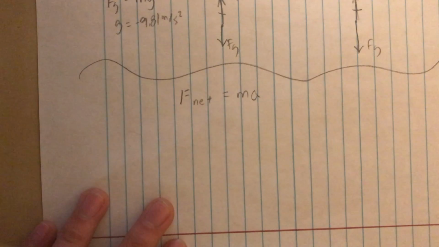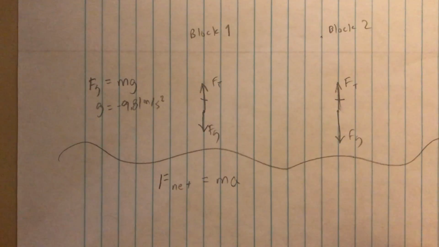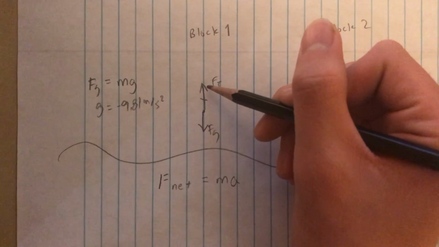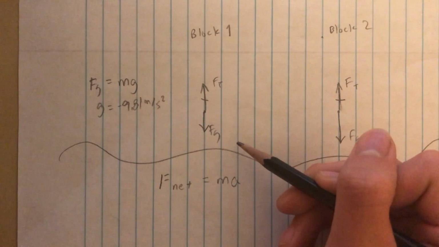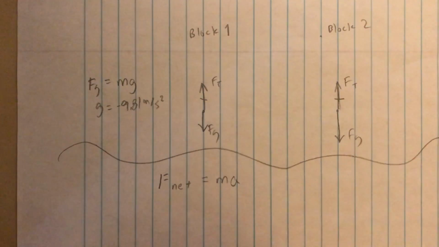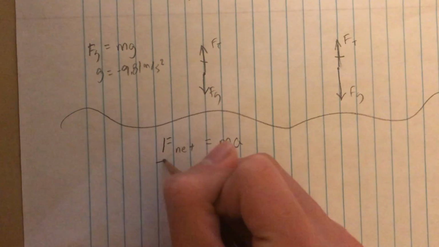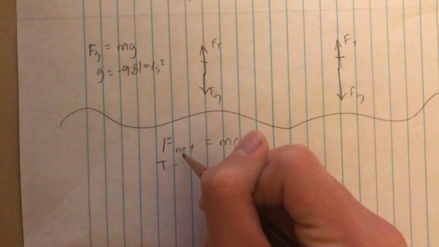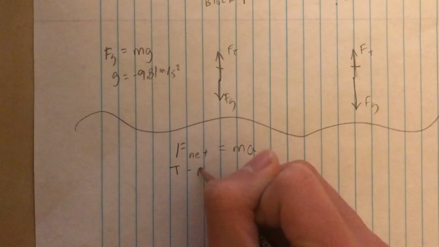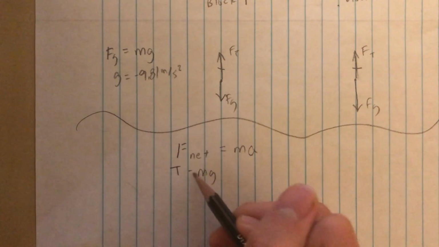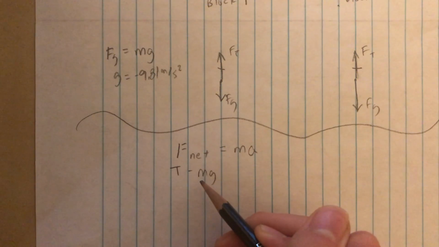Now, if you look at this system, for block 1, the net force would be force tension minus force gravity, correct? And we'll just call force tension T for simplicity's sake. So this will be T minus Fg, or also, as we found here, equals mg. So we'll just say m1g. This right here is net force.